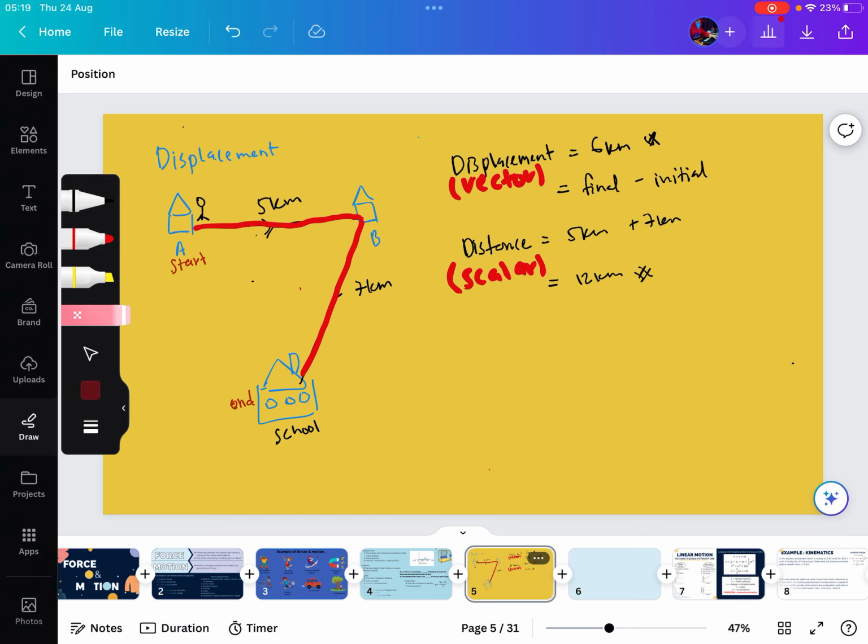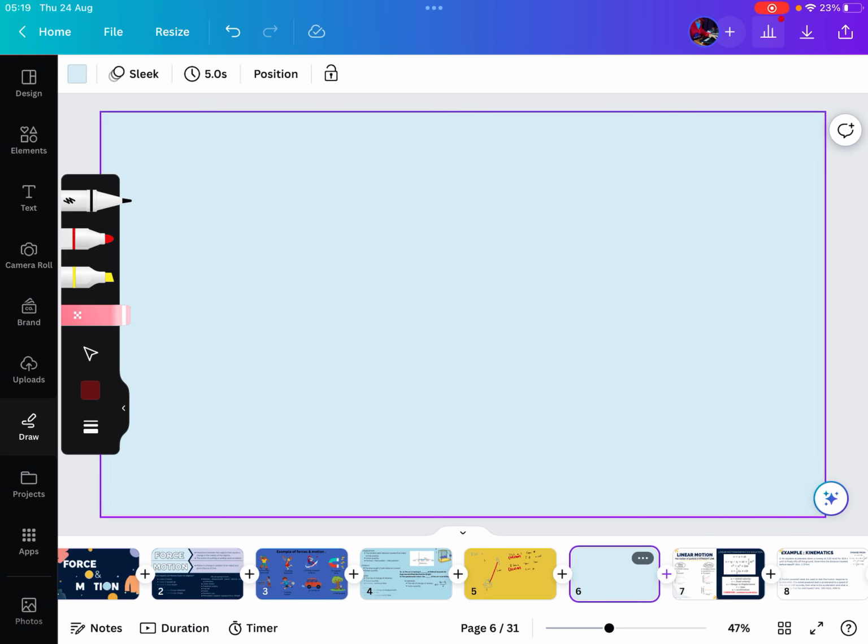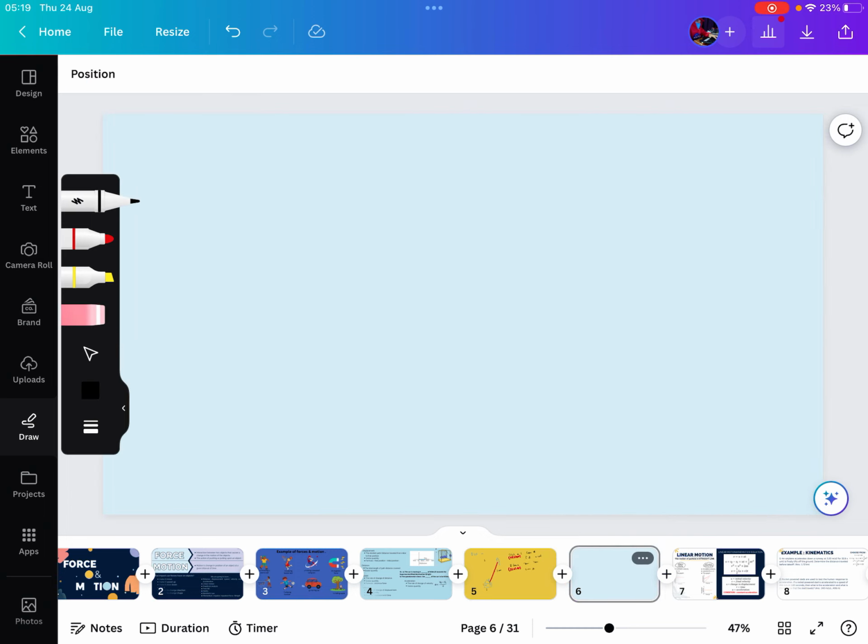Okay, so that's the difference. What about speed? What is speed? Speed and velocity have the same magnitude, but the difference is the former one, speed, has no direction. So this is only magnitude.